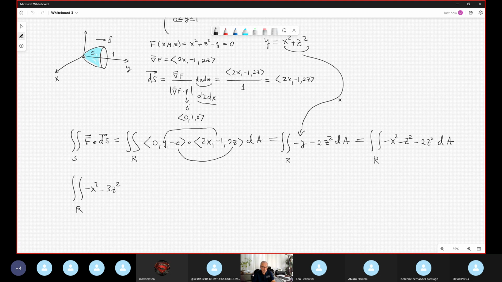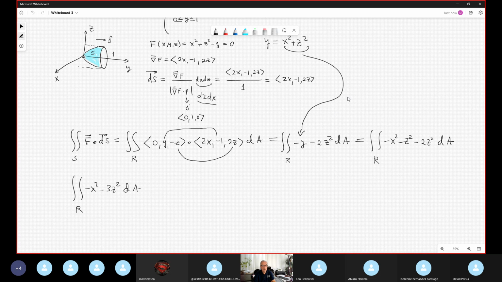So I suppose that I integrate dx dz. In this case, the region R, I haven't determined who it is yet, but the region R is the projection of our surface onto the zx plane.